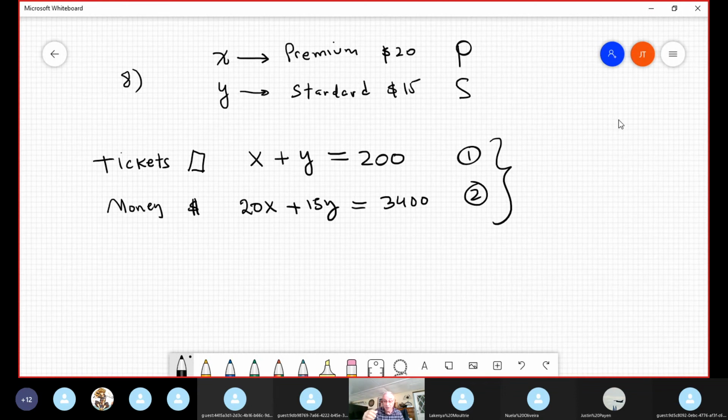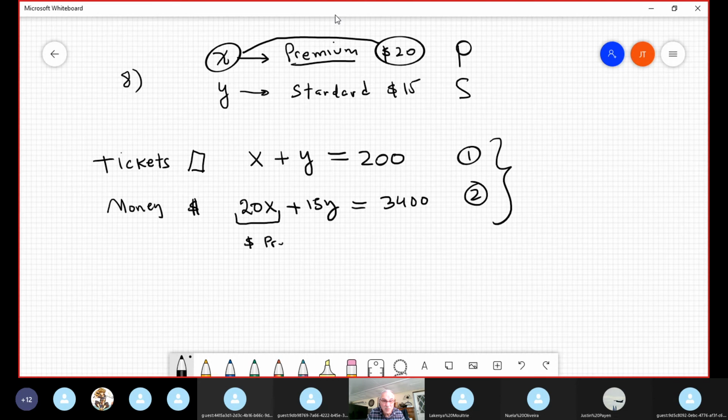And the most important thing that students don't understand: if you multiply the unit price times the amount of tickets you sell in premiums, you get the money only for the premium. So this expression represents the money only for the premium, and this is the money for the standard.